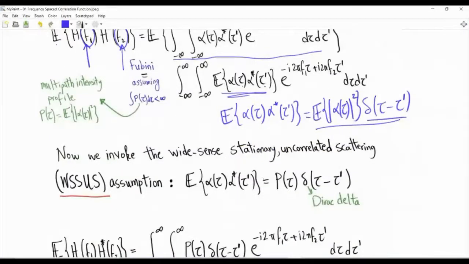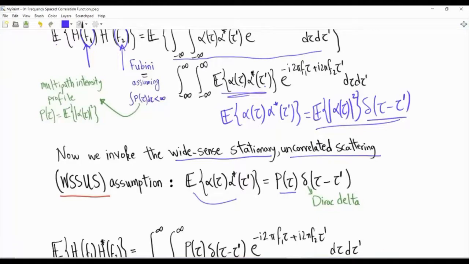This assumption in the context of wireless communications is called the wide sense stationary uncorrelated scattering assumption, WSSUS, and this is what we'll use in this course. It means that this expectation is P of tau multiplied by a Dirac delta of tau minus tau prime.